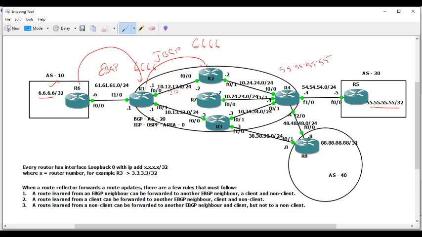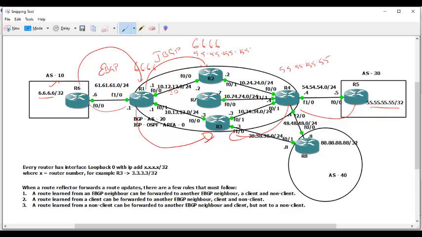It will also come here, but it won't go to router 1. Same with this also. So the problem is a route learned from one IBGP should not be given to another IBGP.